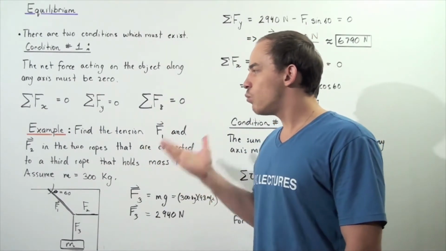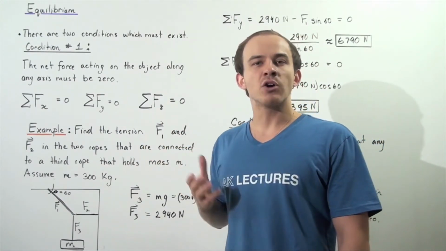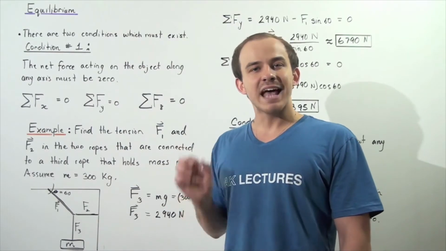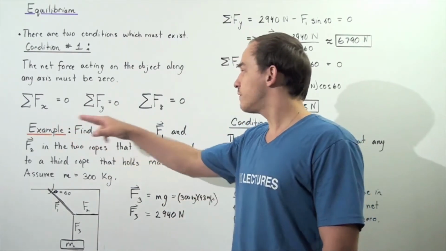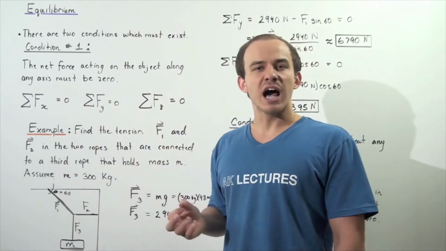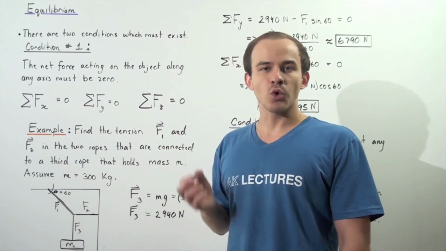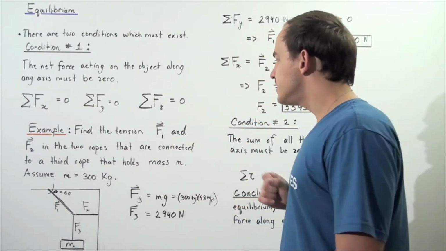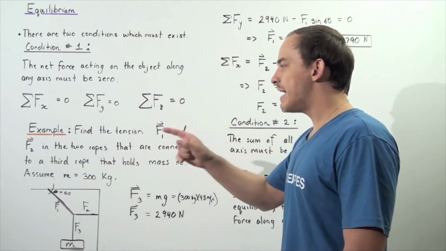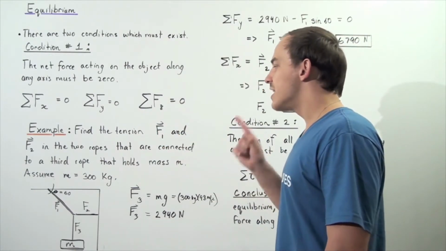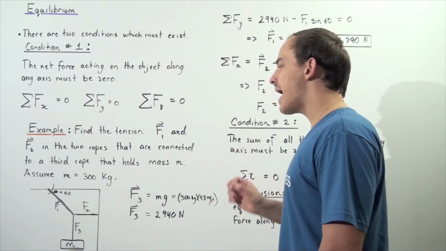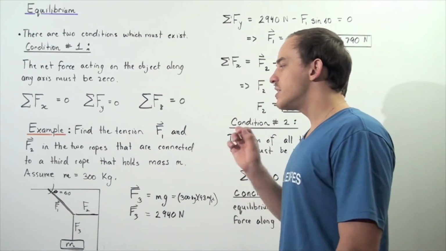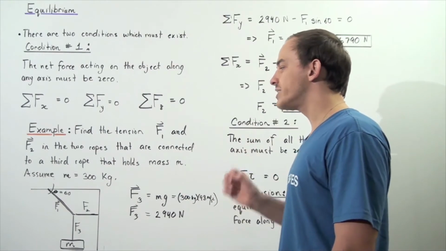So let's look at one example in which our object will be in static equilibrium, and our job will be to use the following equations to solve for the force in the rope. So, find the tension F1 and F2 in two ropes that are connected to a third rope that holds mass M. Assume the mass M is 300 kilograms.